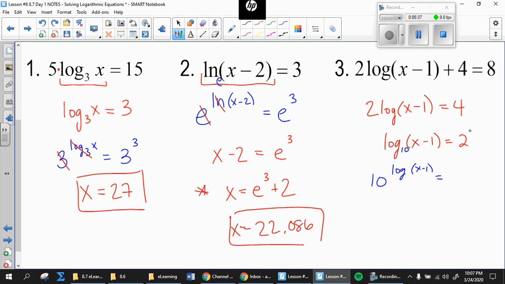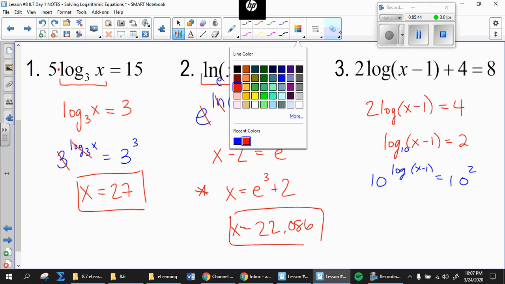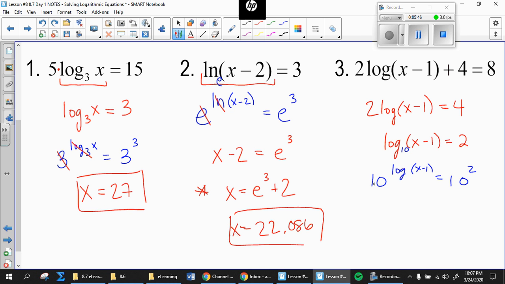Again, this is not 2 to the 10th power. It's 10 squared. From there, we know that the exponential of base 10 and the log base 10 cancel each other out. That gives us x minus 1 equals 10 squared, 100. Then we're simply going to add 1 to both sides, and that's going to give us 101.